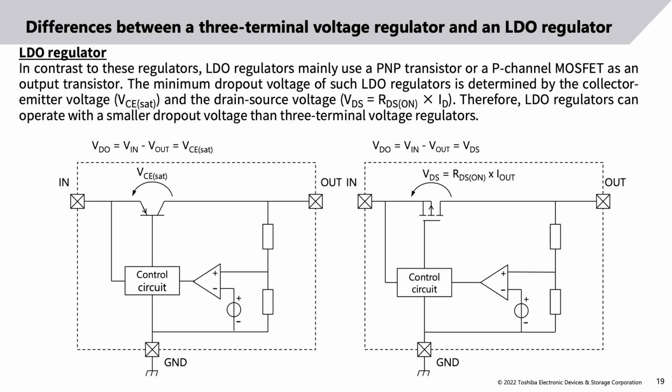In contrast, LDO regulators mainly use a PNP transistor or a P-channel MOSFET as an output transistor. The minimum dropout voltage of such LDO regulators is determined by the collector-emitter saturation voltage, VCE(sat), and the drain-source voltage, VDS equals RDS(on) × ID. Therefore, LDO regulators can operate with a smaller dropout voltage than 3-terminal voltage regulators.